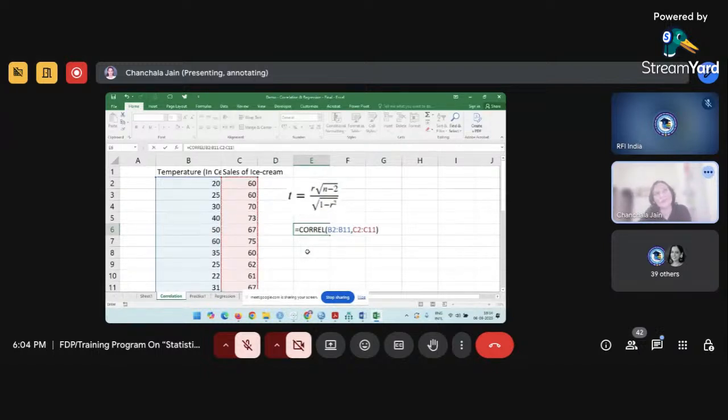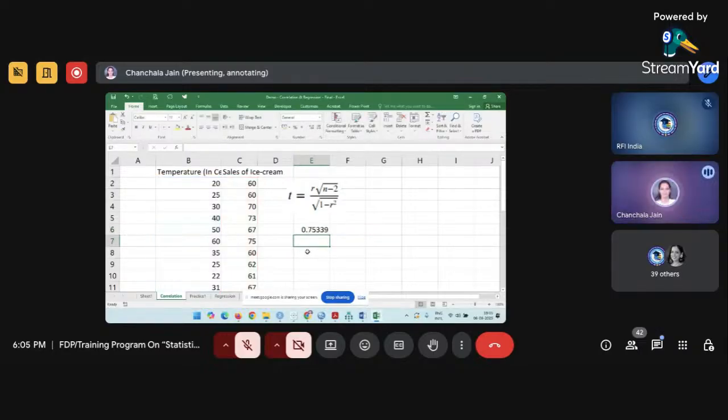Okay, I entered, and I think the same value you are also getting. It is 0.75339. That is a strong positive correlation between the two variables, temperature and sales of ice cream, right?